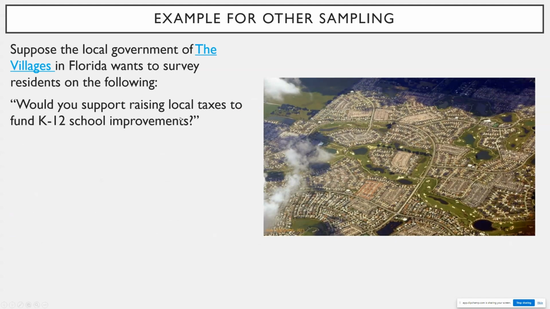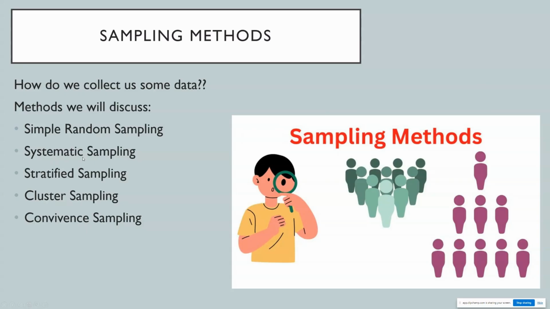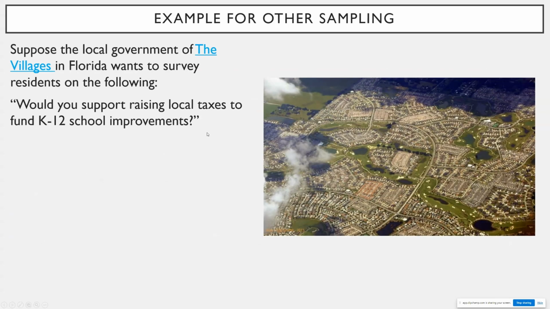All right, I want to talk about these different methods: systematic, stratified, cluster, and convenience sampling, with this example. Suppose the local government of the Villages in Florida, a large retirement community that spans multiple counties, asks: would you support raising local taxes to fund K through 12 schools?